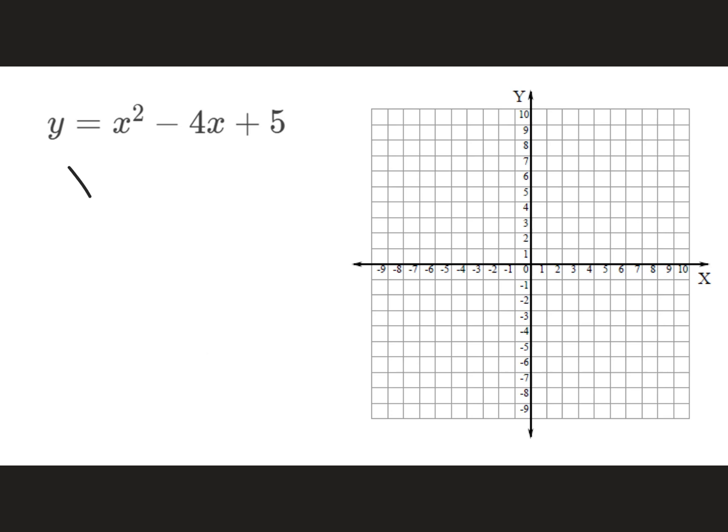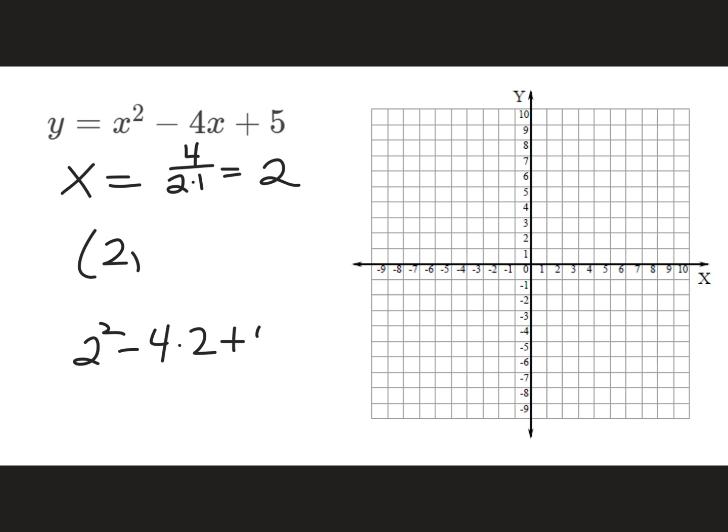Alrighty, x equals negative b, so that's going to be a positive 4, all over 2a, and that's 2 times 1. So that's 4 divided by 2, which is a 2. So x equals 2, so my vertex is going to have a 2 here. And then I'm going to do 2 squared minus 4 times 2 plus 5. That's 4 minus 8 plus 5.